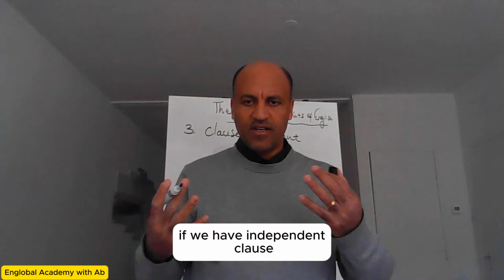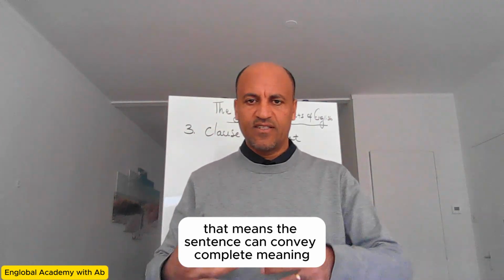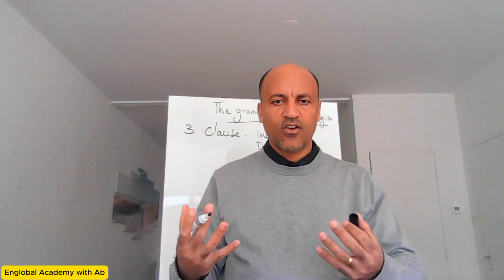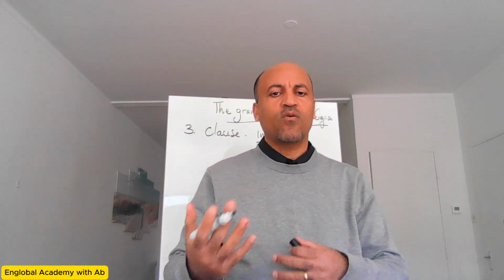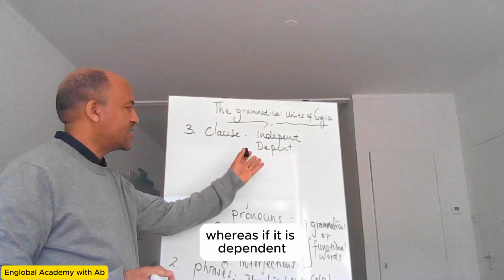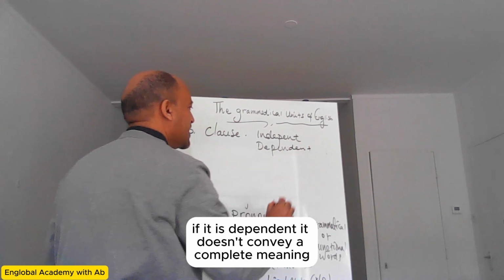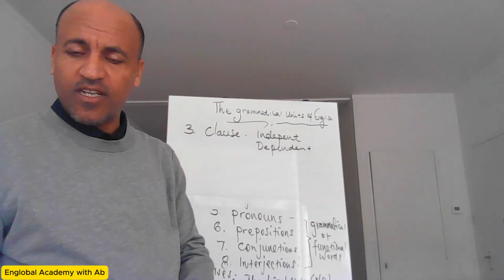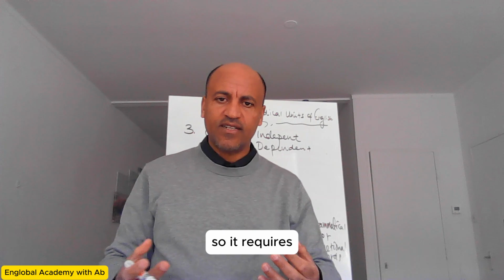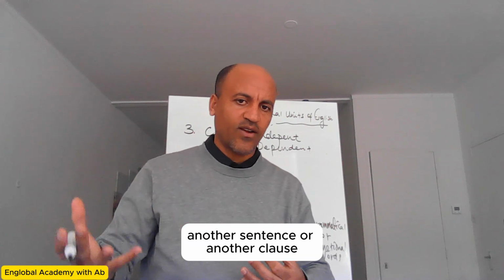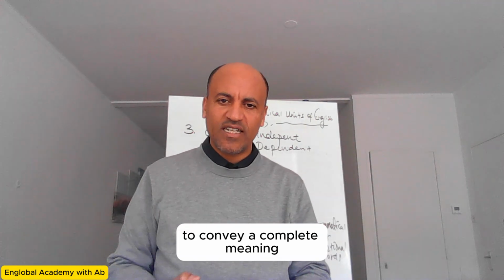If we have an independent clause, that means the sentence can convey complete meaning, whereas if it is dependent, it doesn't convey complete meaning. So it requires another clause to convey a complete meaning.